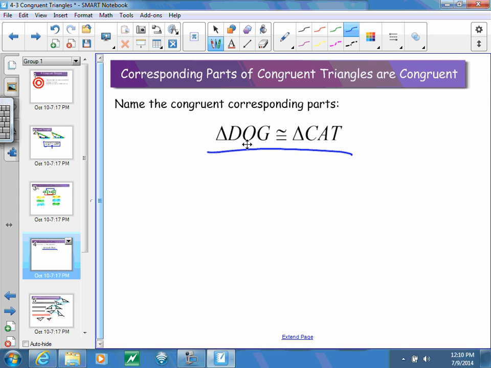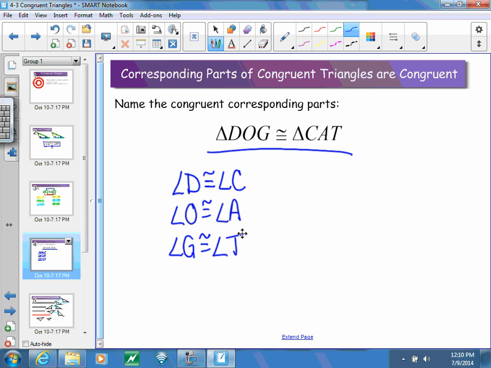Starting out with the angles, because D and C are both listed first, this is saying that angle D has to be congruent to angle C. Since O and A are the next listed angles, I can say that angle O is going to be congruent to angle A. And then since G and T are the last ones, angle G has to be congruent to angle T. So there are our 3 angles.